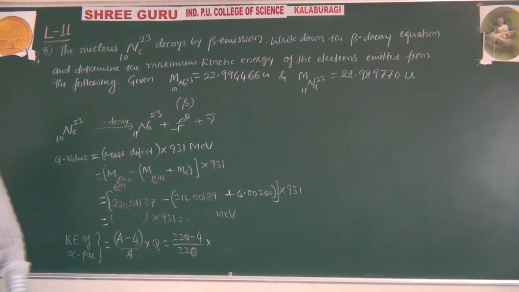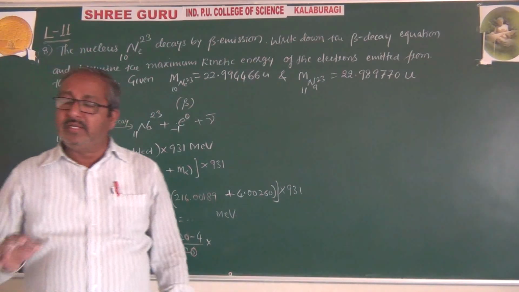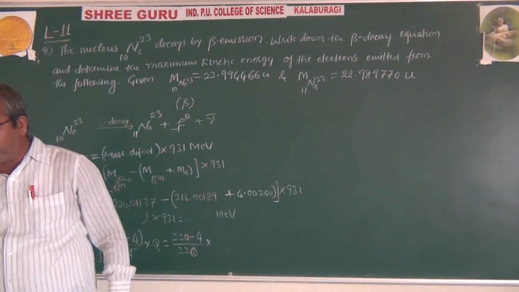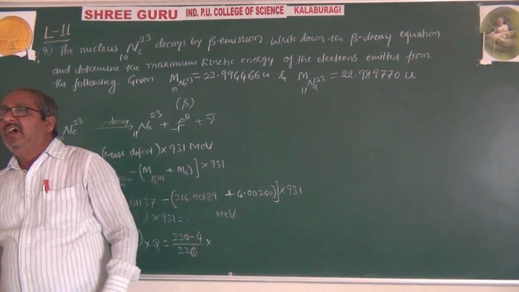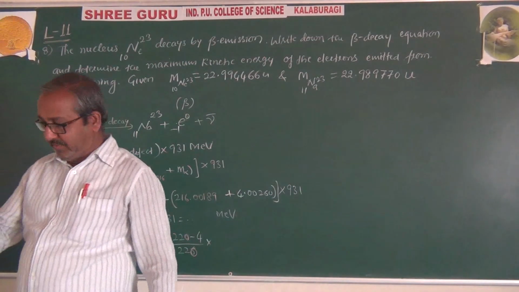There are a few numericals, we have already done a total of 8 numericals. If you want other extra numericals, you can come and contact me, and we will give you any other numericals you need. So with this I finish the topic nuclei, including the numerical parts.